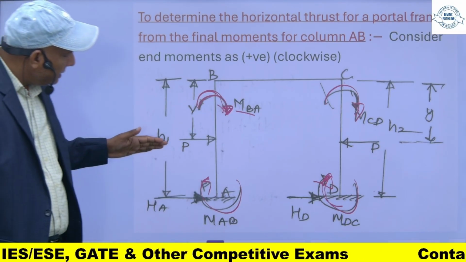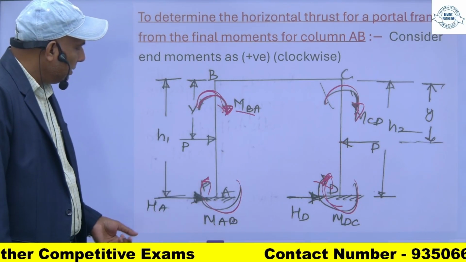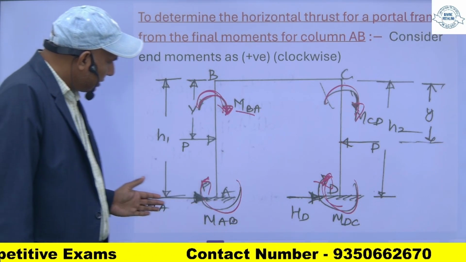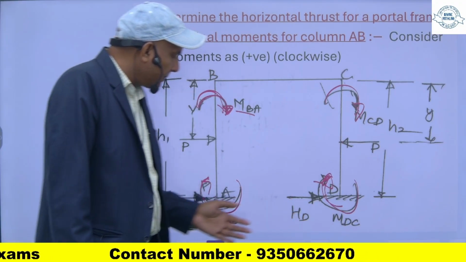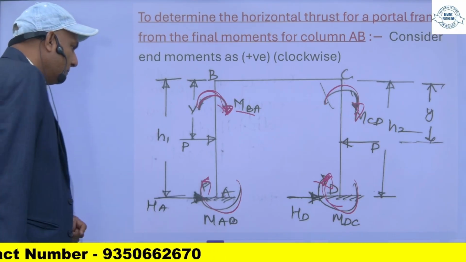Now this is a horizontal force P, and there is a horizontal force P, and this reaction HA must be equal to this HD. If you want to find this HA, what will you do?